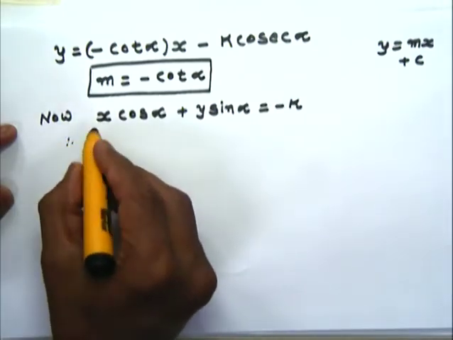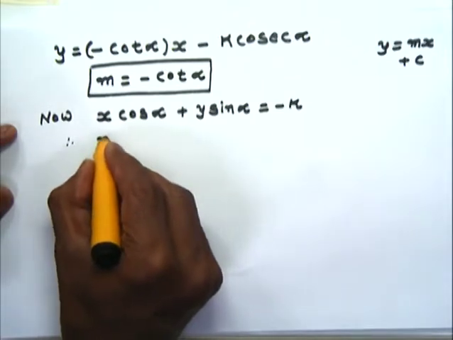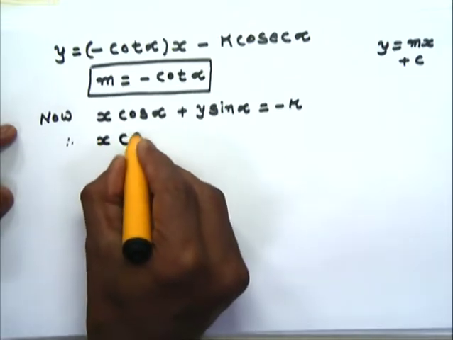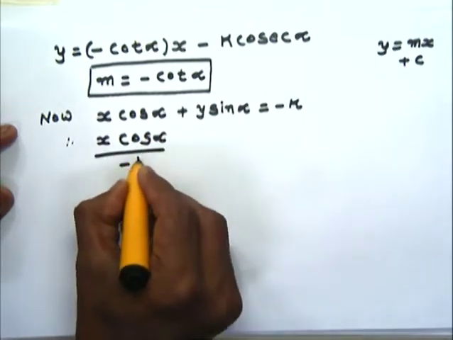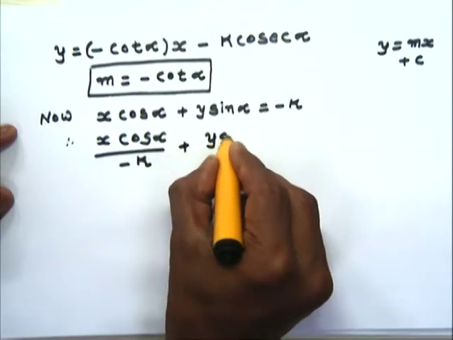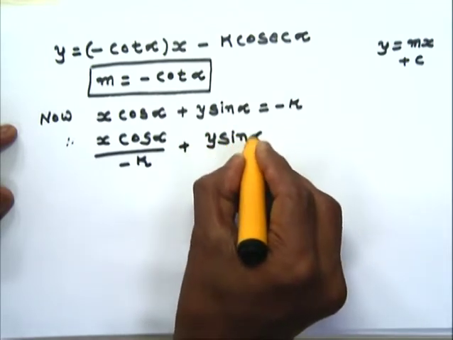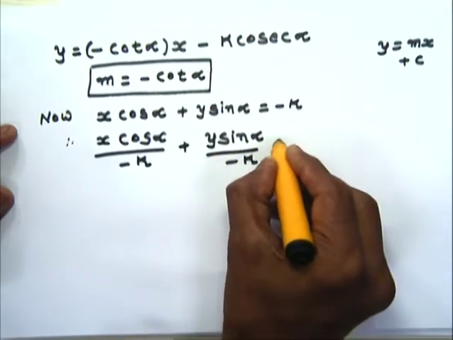On division by minus k, I find that x cos alpha upon minus k plus y sin alpha upon minus k is 1.